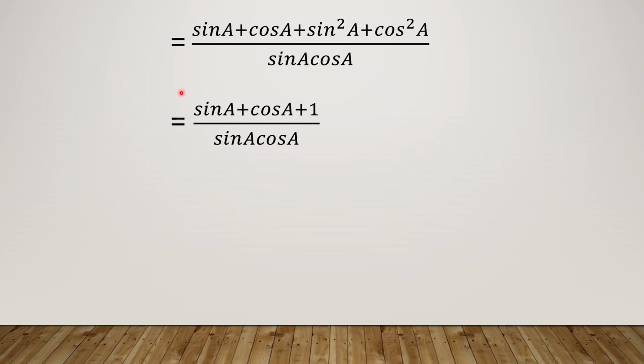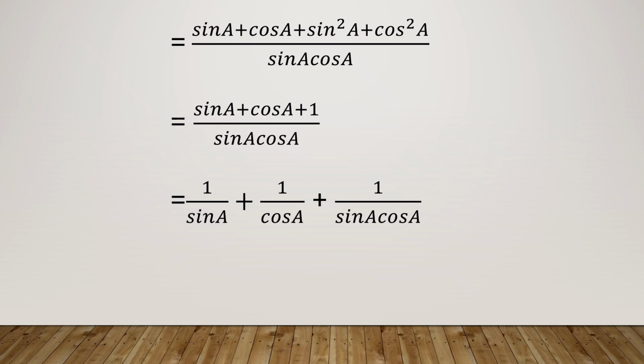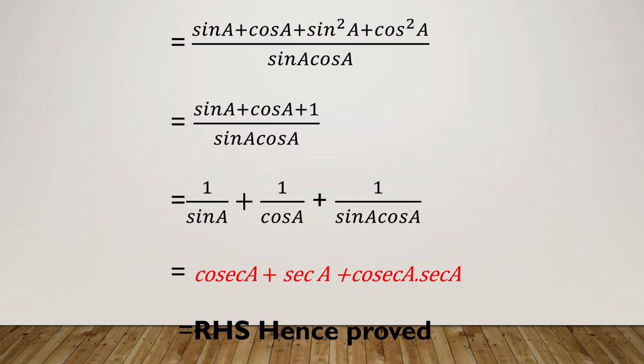Now what we have to do? We have to separate the three terms, and we'll get sin A upon sin A cos A plus cos A upon sin A cos A plus 1 upon sin A cos A. So when we separate the terms, we get 1 upon sin A plus 1 upon cos A plus 1 upon sin A cos A. And now we know that 1 upon sin A is nothing but cosec A. 1 upon cos A is equal to sec A, and 1 upon sin A cos A is equal to cosec A into sec A, which is nothing but the right hand side.